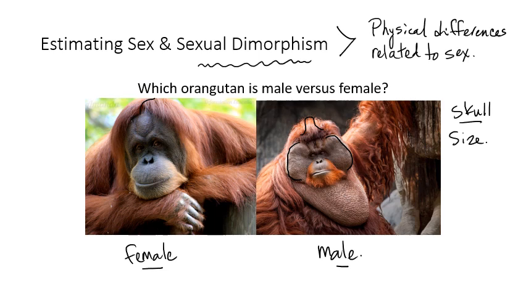And with cockatoos, for example, a Goffin cockatoo, it's almost impossible to tell the difference between a male and a female. If we look at a peacock, we immediately know the difference. The male has that large fan tail. That is a type of sexual dimorphism. So in other species, we do see those differences as well.